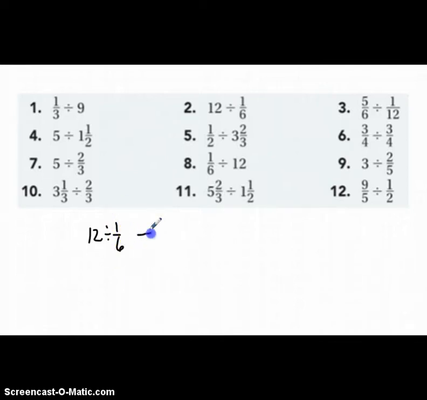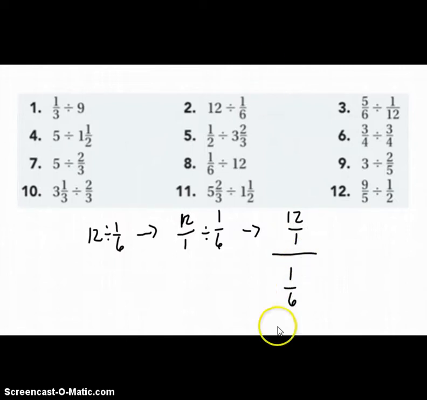The reason why we do this is because we've talked about fractions being nothing more than division problems. So this is really saying 12 divided by 1 divided by 1 divided by 6. As a fraction, that would equal 12 over 1 over 1 over 6, or 12 firsts divided by 1/6.